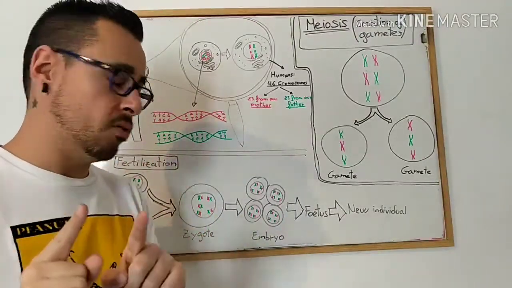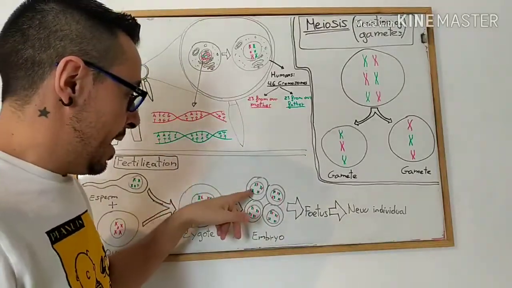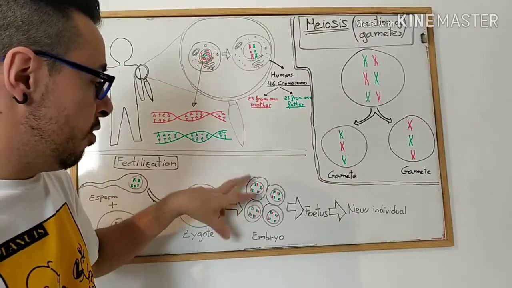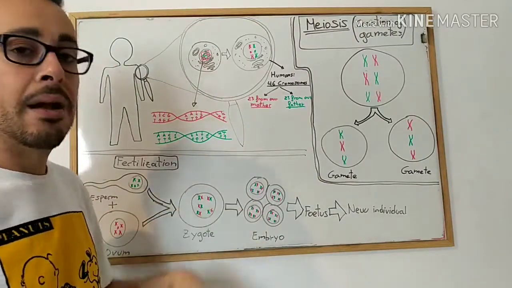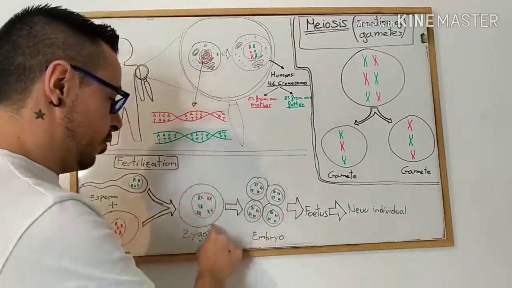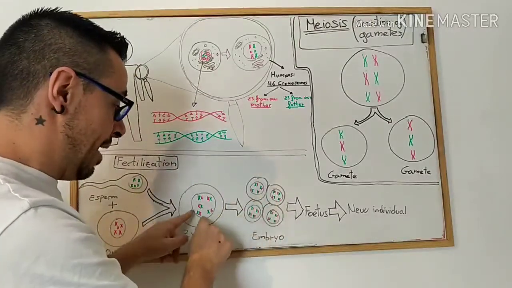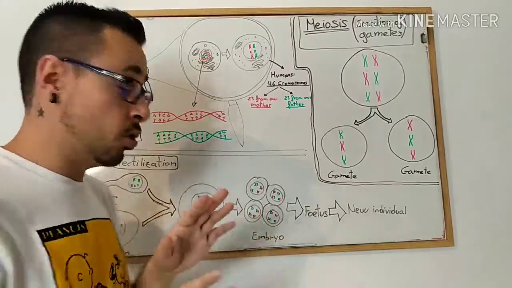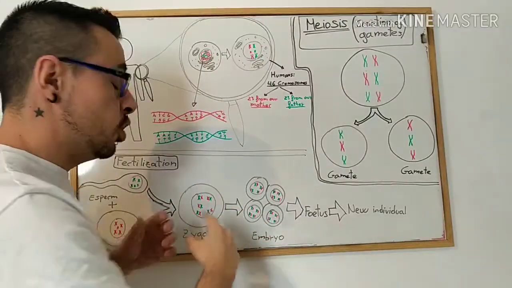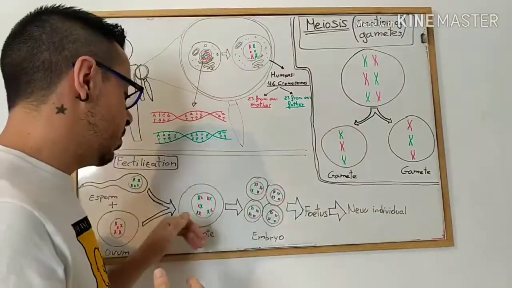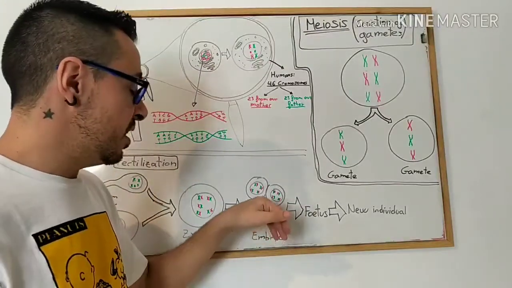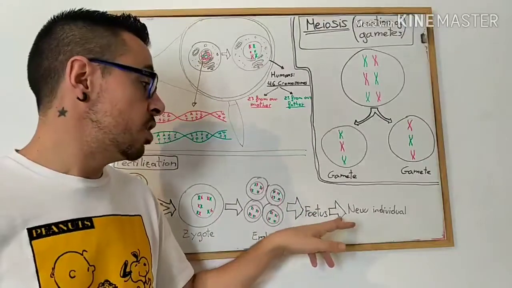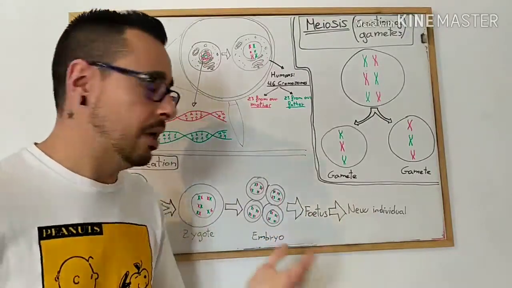I'm going to talk about this later. Then the zygote starts dividing and forms an embryo, which is several cells that come from this one, but all of them have the same chromosomes because the chromosomes duplicate, okay. Then the embryo starts developing, it forms a fetus, and then a new individual.